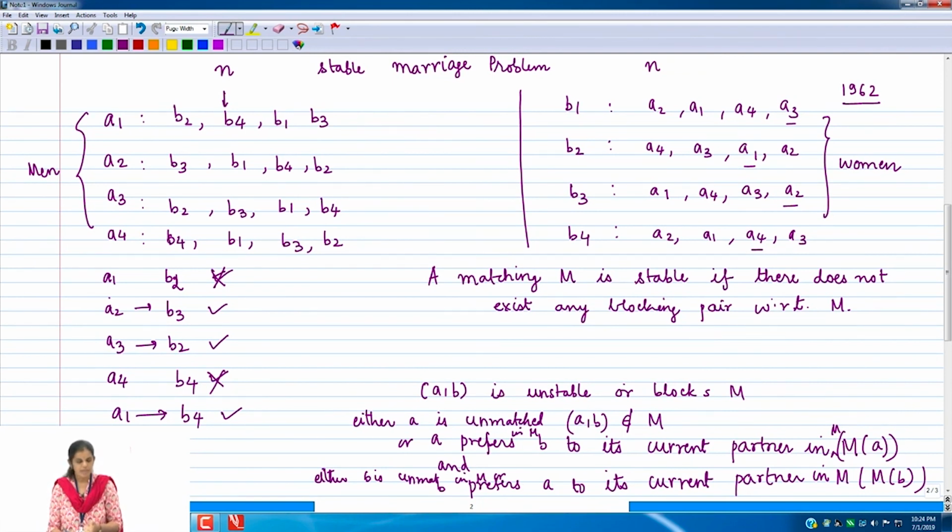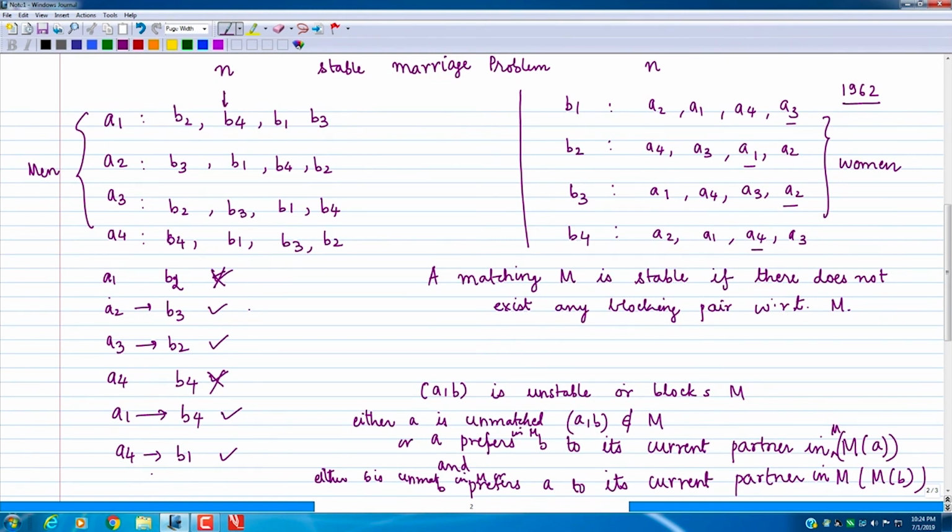Now again A4 has no incentive to go and propose to B4, therefore it will go and propose to the most preferred woman whom he has not yet proposed, which is B1. Because B1 is still free, she will accept it, and currently we have a matching of size 4, which is A2 B3, A3 B2, A1 B4 and A4 B1, right?